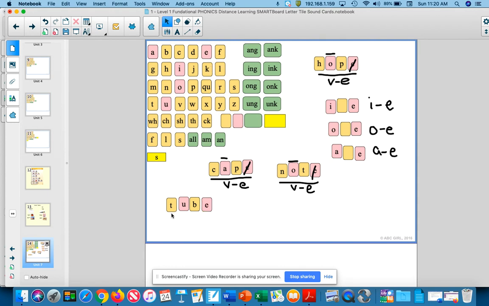We have tube. And we're going to mark it. In tube, the U is saying its name. Long vowel, and underline, V, consonant, E. Our final word is spin.